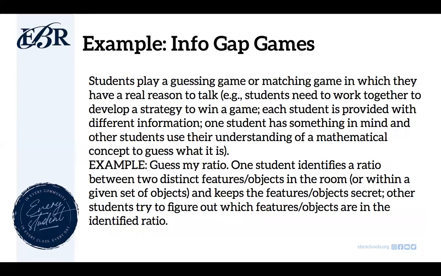One student identifies a ratio between two distinct features or objects in the room, or within a given set of objects, keeps the features or objects secret, and the other students try to figure out which features or objects are in the identified ratio. For those of you who work with younger students, one activity such as this that I enjoyed using with my students was a what am I guessing game for having students identify geometric shapes or objects.